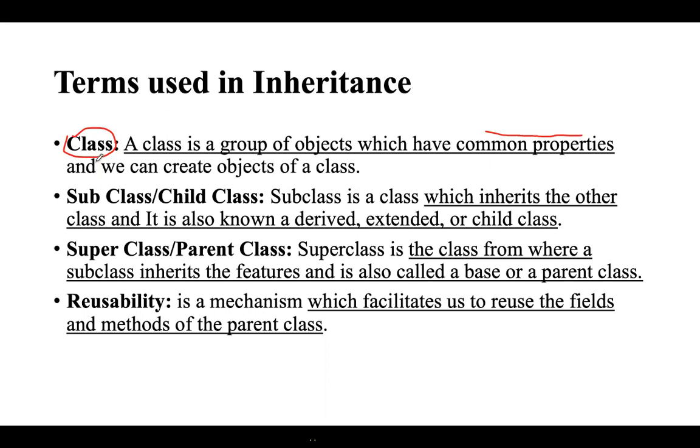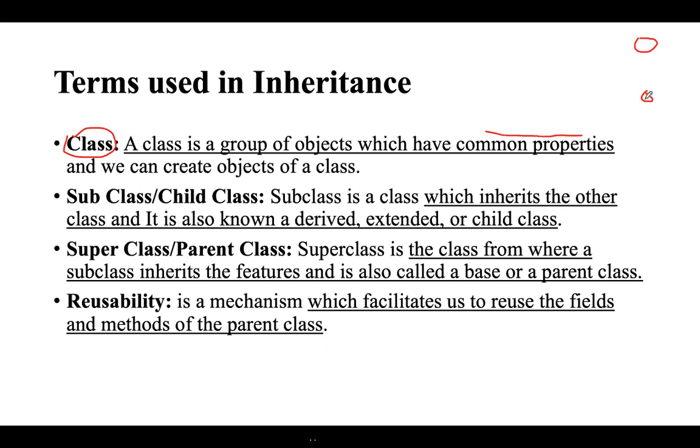Now I'm going to the next term, because class is something you already know. Subclass. Now we are in this topic of inheritance, so we have this term subclass or child class. These are two names with the same meaning. For example, here I am saying that this is the parent class and this is the child class.